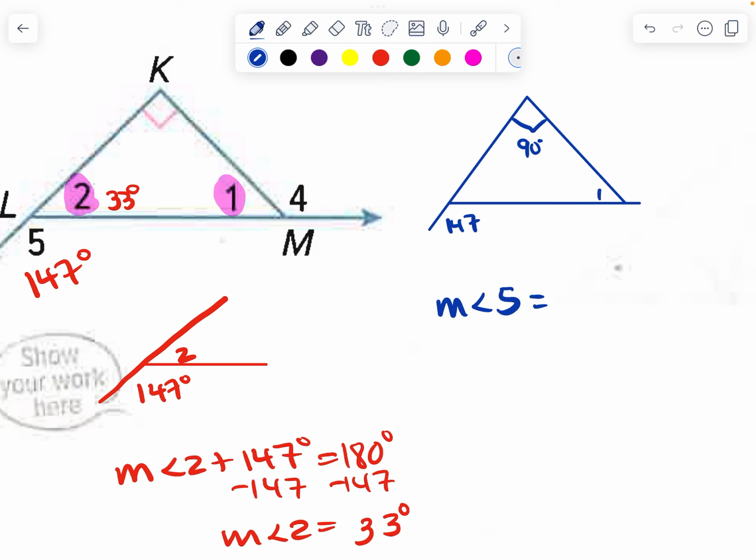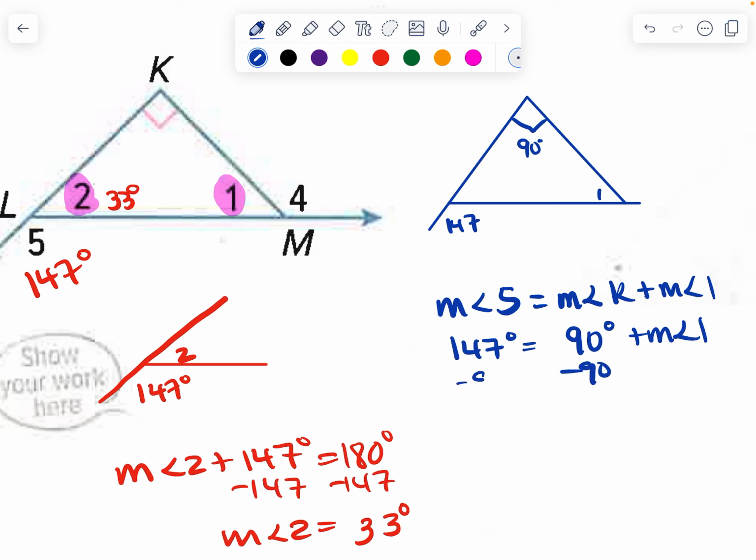So the measure of angle 5 equals the measure of angle K plus the measure of angle 1. We know the measure of angle 5 is 147. We know the measure of angle K is 90, and we're looking for the measure of angle 1. So I'm going to subtract 90 from both sides, and that's going to get me 57 degrees as the measure of angle 1.